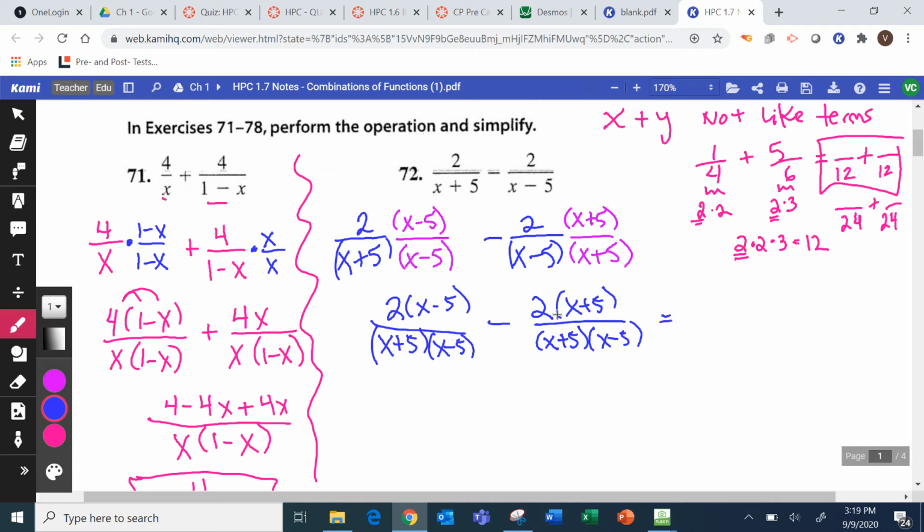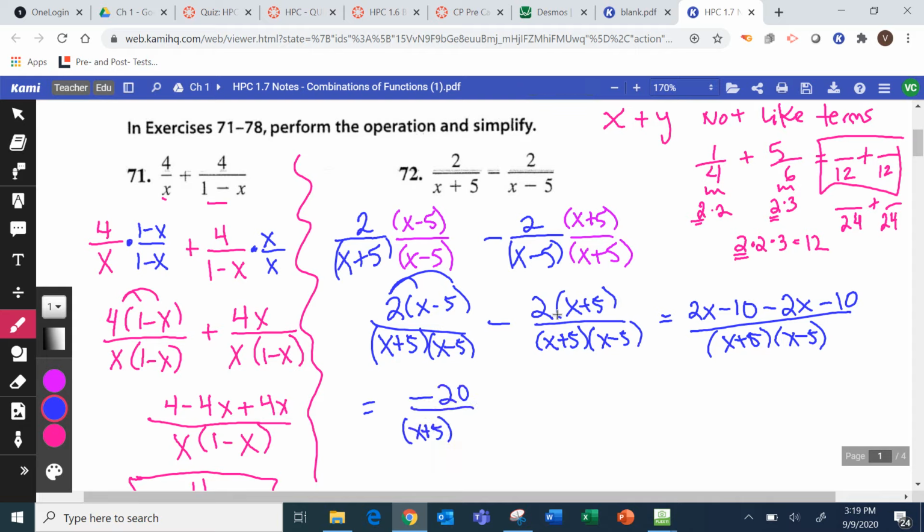I'm going to go ahead and distribute while I do this. So I've got 2x minus 10 minus 2x minus 10 over x plus 5, x minus 5. I'm going to collect our like terms, and I get negative 20 over x plus 5, x minus 5.